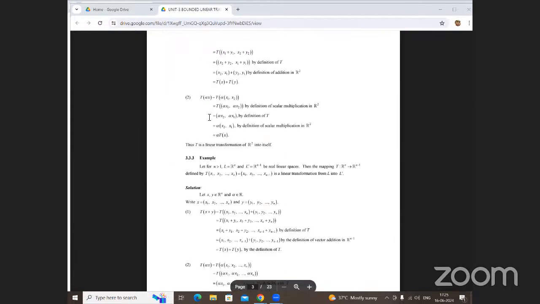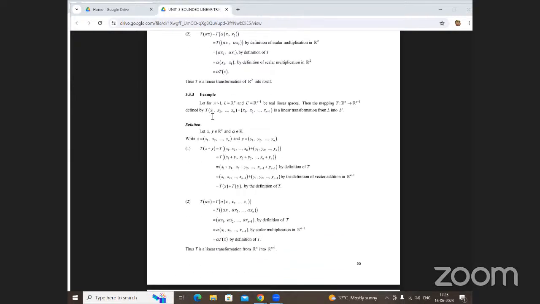Now that is the simple example of a linear transformation. This problem is also repeated a number of times. See this example up to the n-dimensional part. Suppose L equals R power n, where n is always greater than 1. Now L dash, the image space, is R power n minus 1.